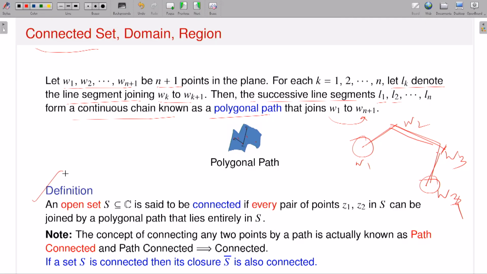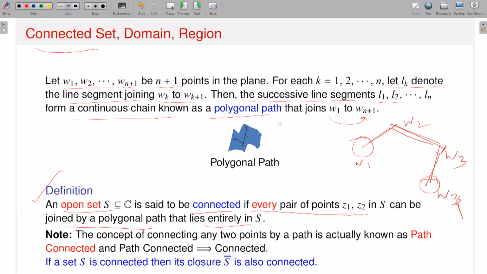An open set S in the complex plane is connected if every pair of points Z1, Z2 in S can be joined by a polygonal path, and what I demand is that the path lie entirely in my set S.